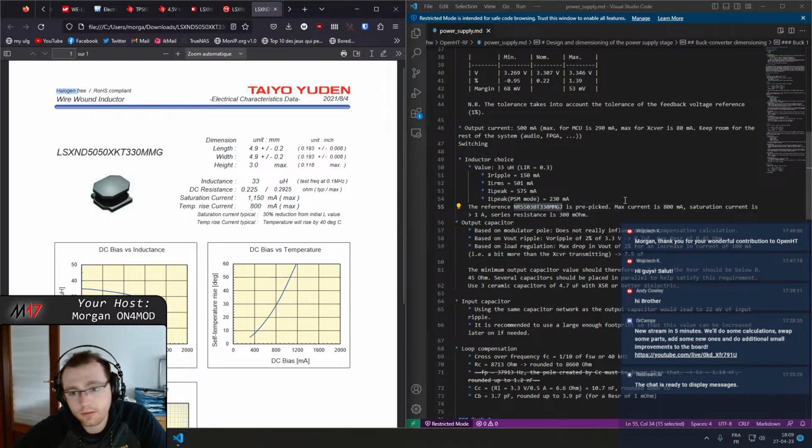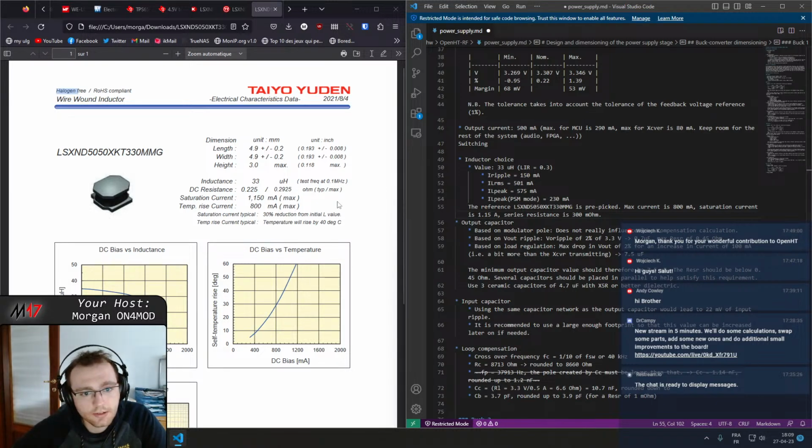Reference, that's max current, 800 milliamps, saturation current is 1.15 amps, series resistance is 225, typical.